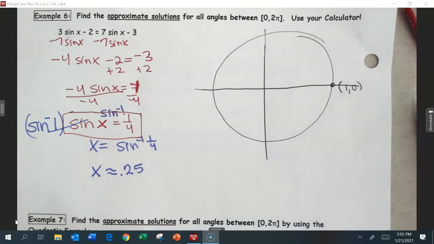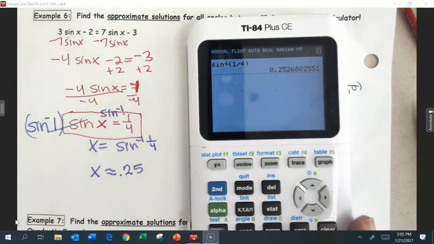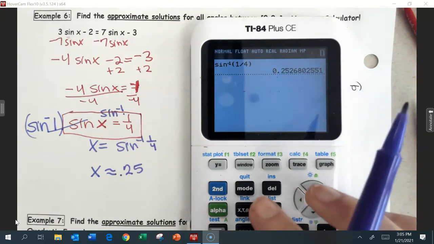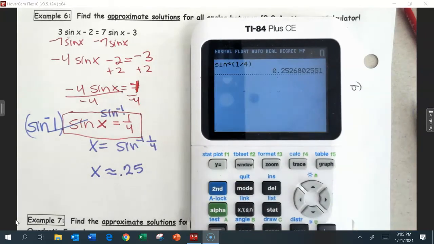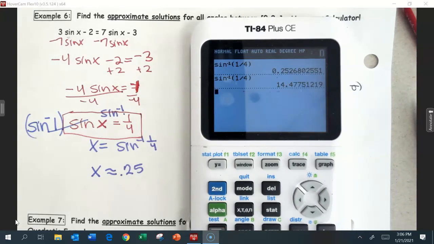So one trick that has helped me is that if I go into this problem again and I go to degree mode, this just helps me slightly to give you a visual, and then I do this all over again. So once again, I'm going to go inverse sine of 1/4, but remember, this is going to pop out the degree.